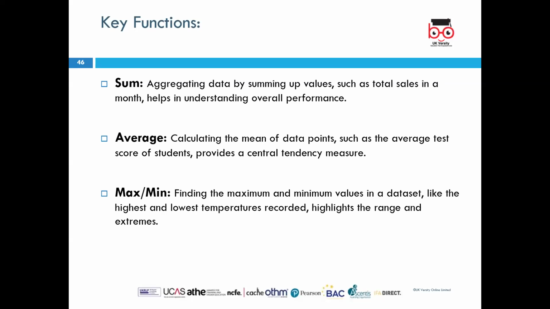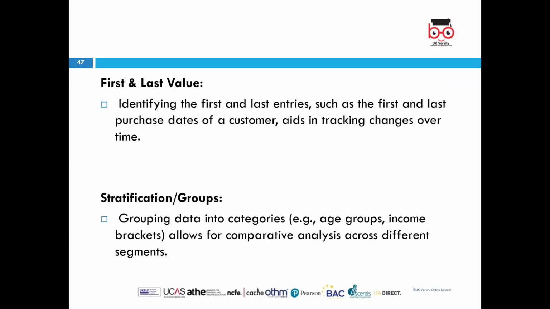Average calculates the mean of data points, such as average test score, and provides essential central tendency measures. Max and min are used to find the maximum and minimum values in our data set. First and last value identify the first and last entry, such as the first and last purchase date of a customer. This is very useful for tracking.